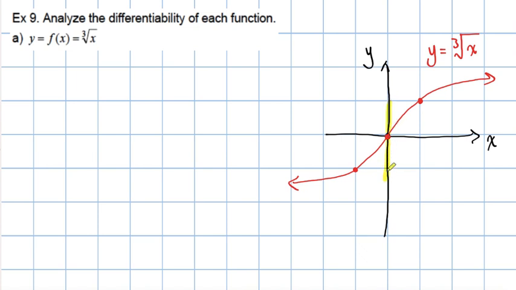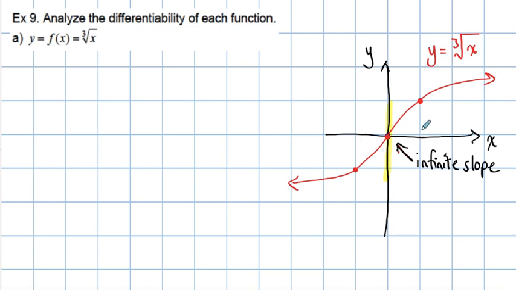The slope of a vertical line is undefined, so it has that infinite slope there. Because it has infinite slope there, we know it's not going to be differentiable. So we know it's not differentiable right from the graph.